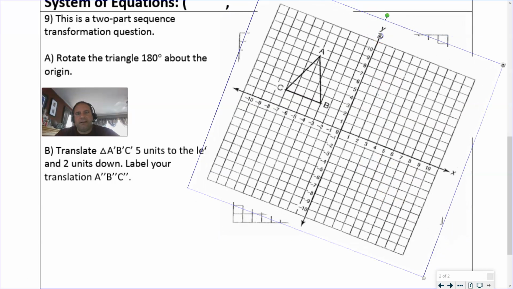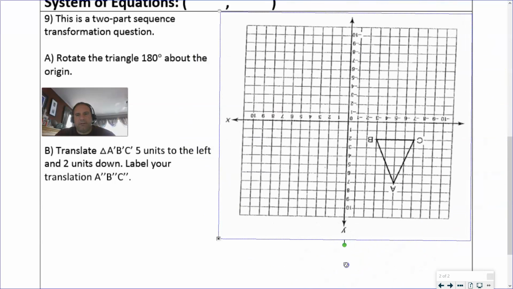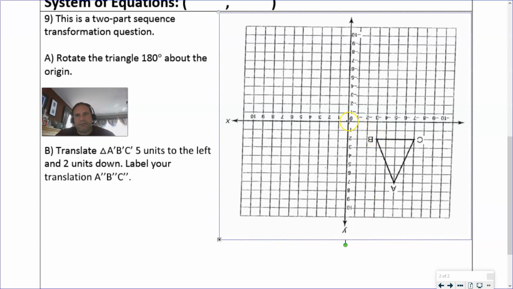So let me go back and I'm going to put point A on right now. This is without using the rule. So point A, from 0, 0, we're going to count 5 to the right and 7 down.